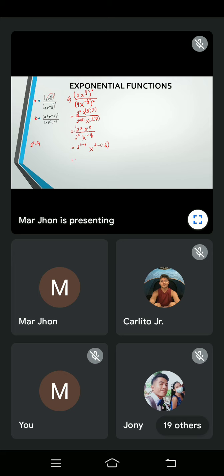So, you have 3 minus 4 is negative 1. 2 to the power of negative 1. Then x to the power of, negative times negative is positive, so we have 2 plus 2/3.